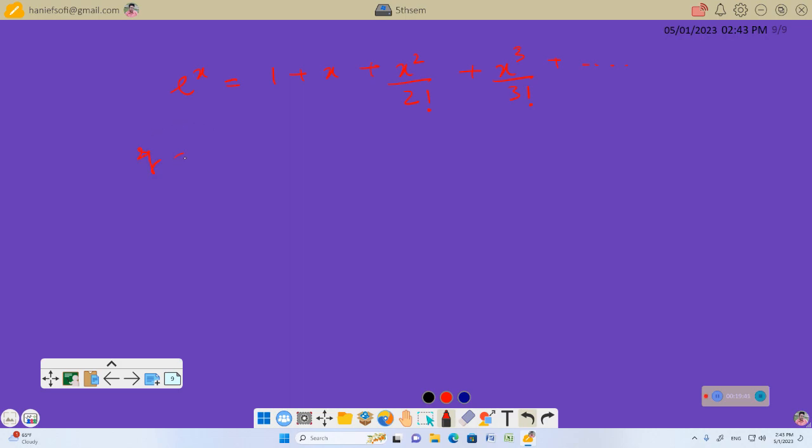Now, if x is small, then we can approximate this expansion.